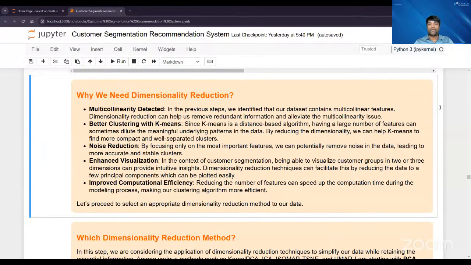It is very important for us to focus on dimensionality reduction, where we try to reduce the noise in the data as well as the high amount of correlation between the independent variables. This is the main agenda of using dimensionality reduction.